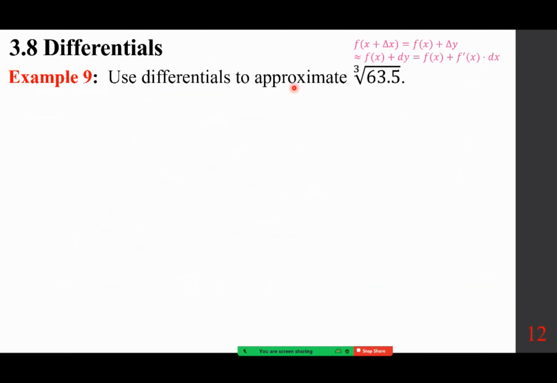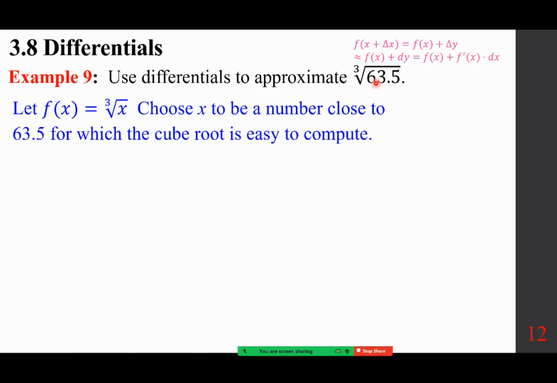Then we want to choose a number x that is close to this number, and we can easily find the cube root. Okay, so first the function is cube root of x, and then we want a number very close to that. Can anybody give me a number close to that, such that we know the cube root of it?